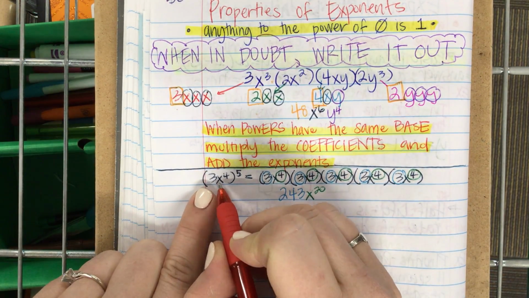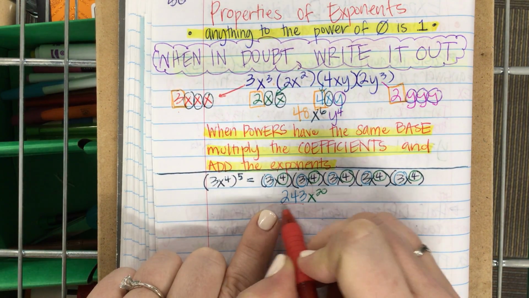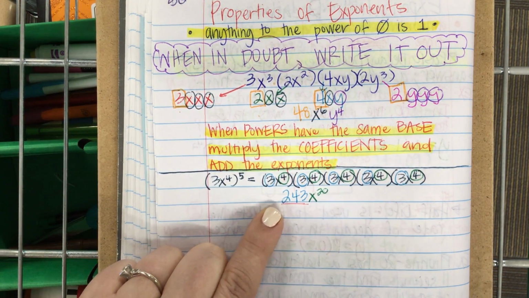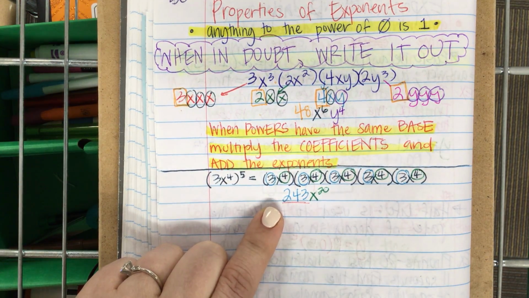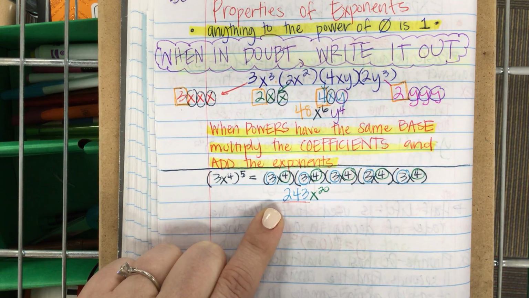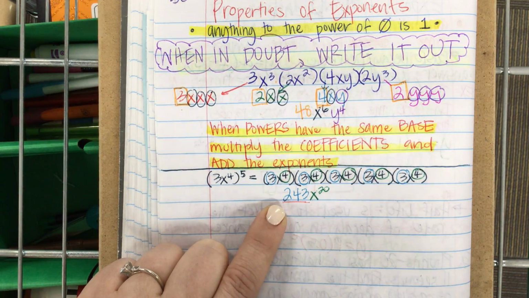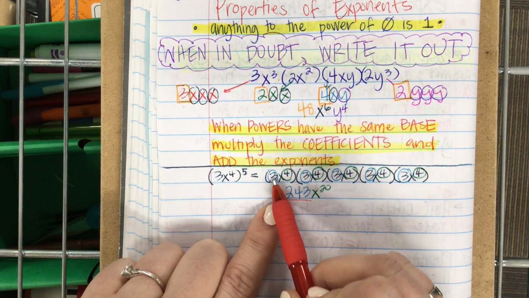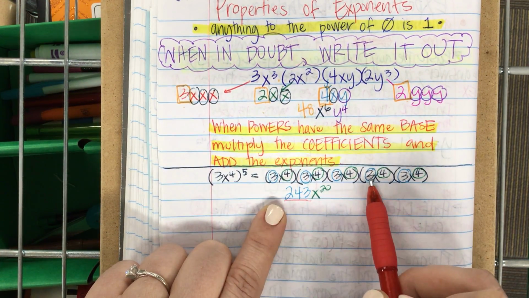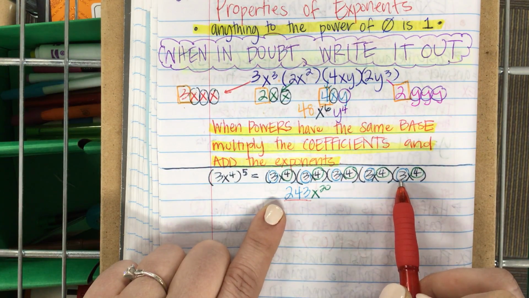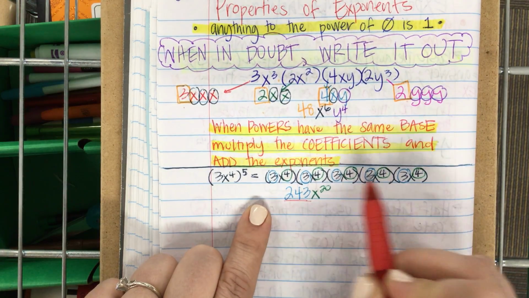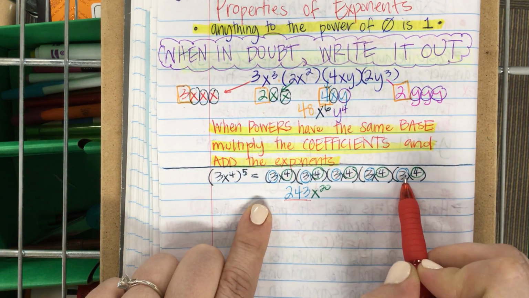If I look at this problem, where did 243 come from? The coefficients. We got 243 by multiplying the coefficients, correct? I did 3 times 3 times 3 times 3 times 3, which is 1, 2, 3, 4, 5.